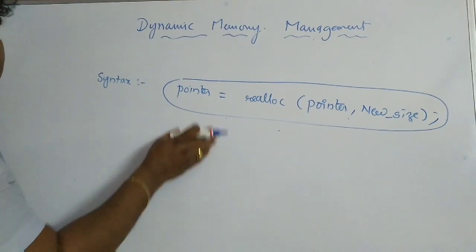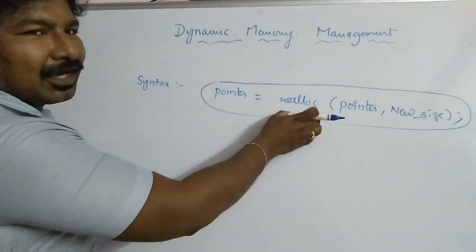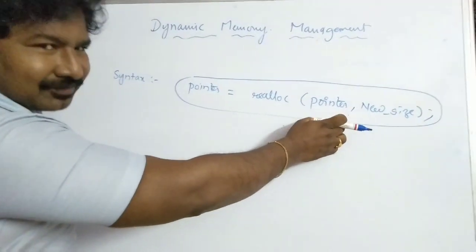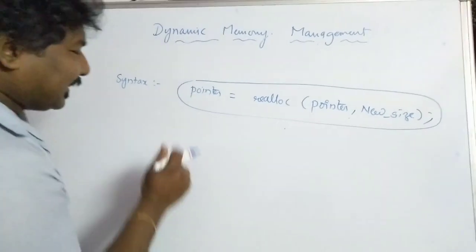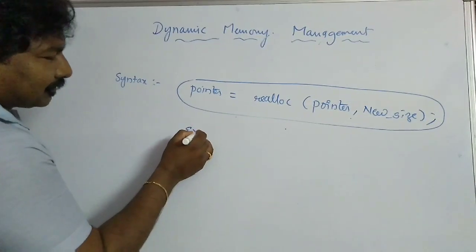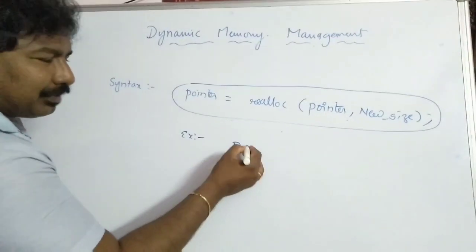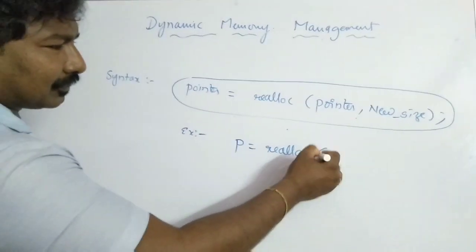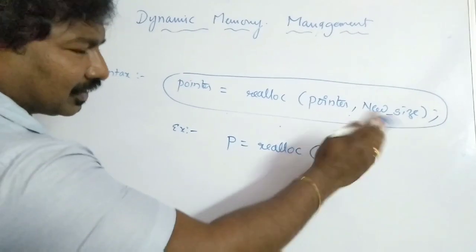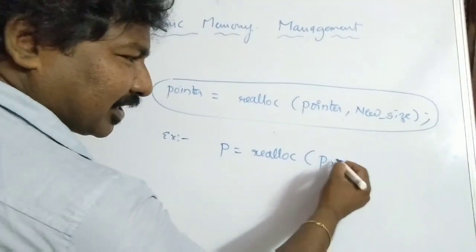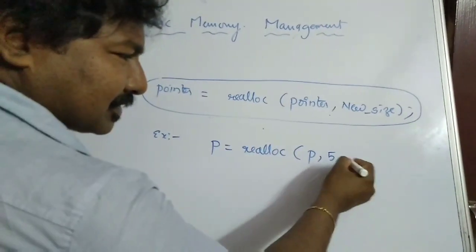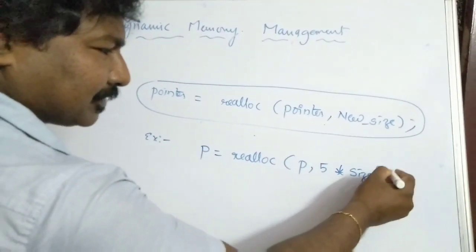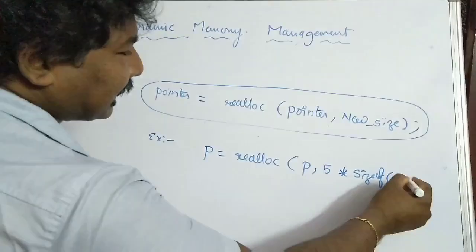The syntax is a pointer equals to realloc, and it has two parameters. One is the pointer itself, comma, a new size. For example, there is a pointer called p, so I have to write realloc p, comma, a new size. New size can be, if there are 5 elements, 5 star size of integer type.